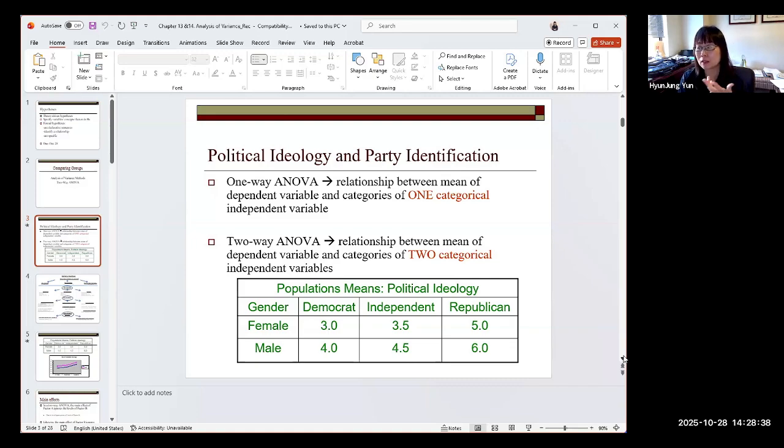But let's think about something like this. As you see in the table, you are interested in people's political ideology. It's not only based on political party affiliation, but what about their gender too? In American public opinion surveys for the last 70, 80 years, gender matters for political ideology and political party affiliation.